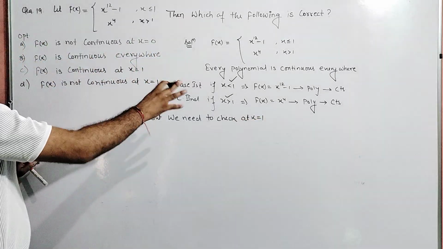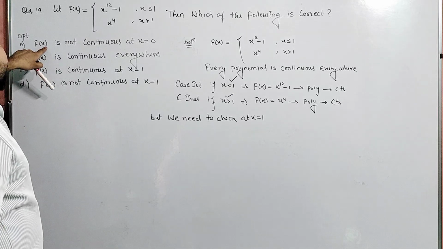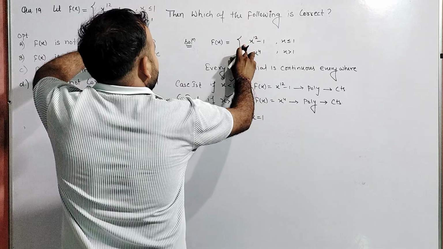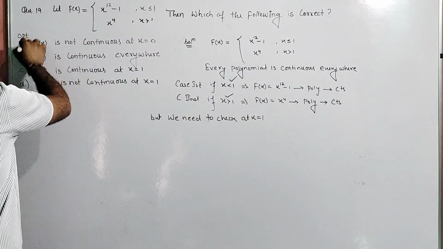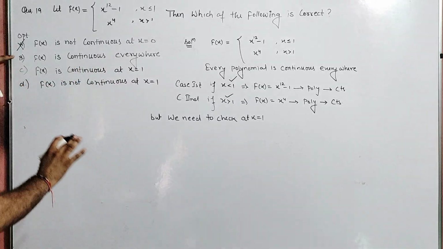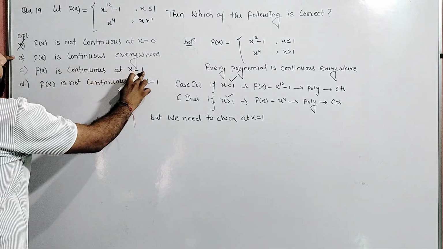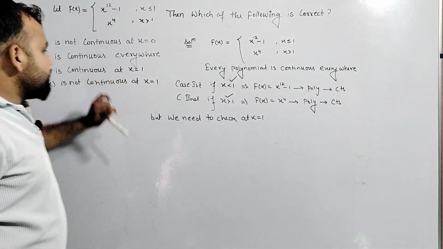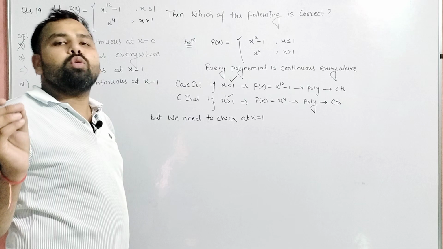Student, by seeing this, you can say that fx is not continuous at x equal to 0. At x equal to 0, our function x to the power 12 minus 1 is continuous, so this is incorrect. Fx is continuous everywhere. Hold on. Fx is continuous at x equal to 1. We are going to check. Fx is not continuous at x equal to 1. These all things depend on x equal to 1.